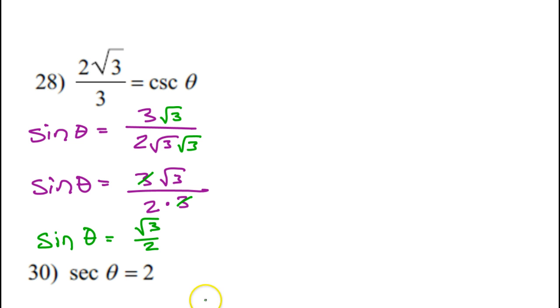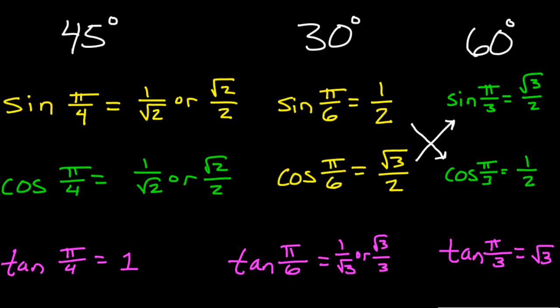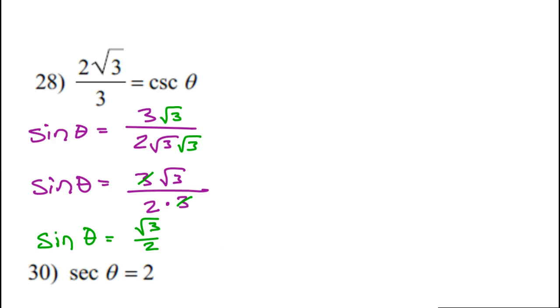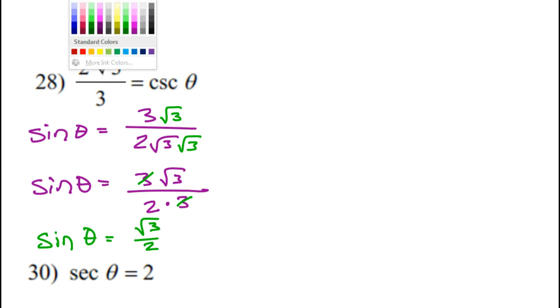Now can I find out what the reference angle is? Okay, radical 3 over 2. All right, that's the sine of pi over 3 is radical 3 over 2. So that tells me that pi over 3 is the reference angle.